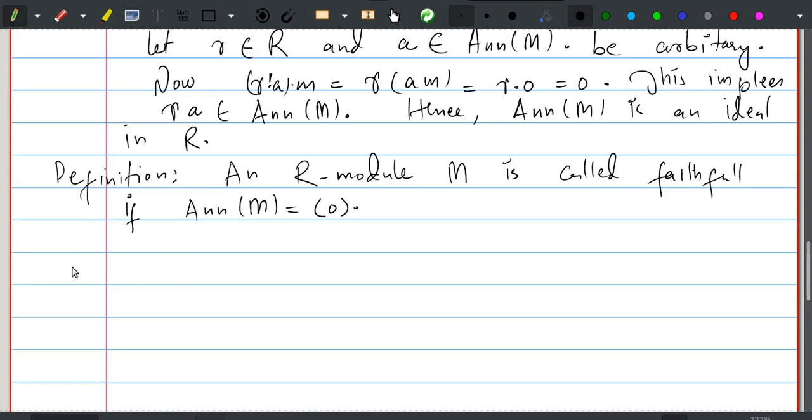We have another definition, the definition of finitely generated modules.